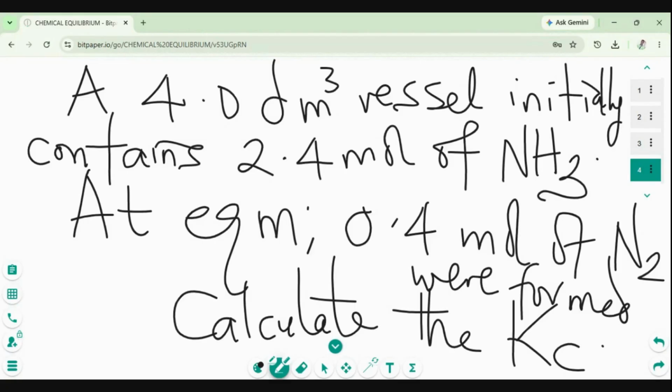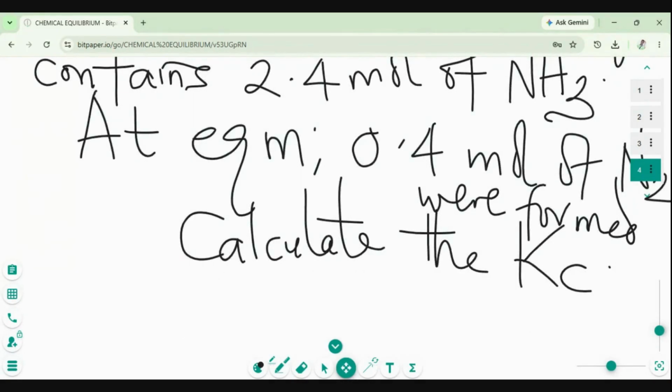That is what they're telling us to do, to calculate the Kc. They're telling us that a 4.0 decimeter cube vessel initially contains 2.4 moles of ammonia. At equilibrium, 0.4 moles of nitrogen were formed. Calculate the Kc expression. How do we handle such a case?